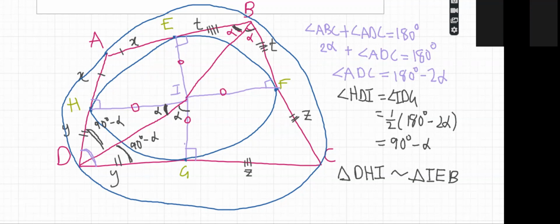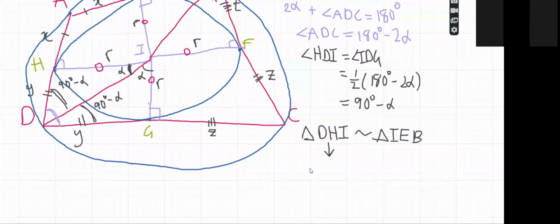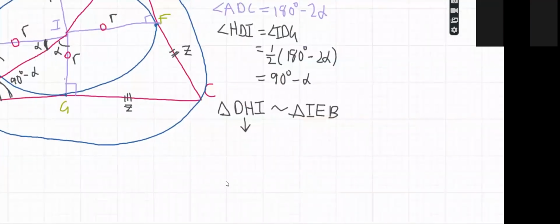Now, if we make the radius of the in-circle R, so this is the inscribed circle, we have the following ratio. Using the similar triangles, we have equal ratios.